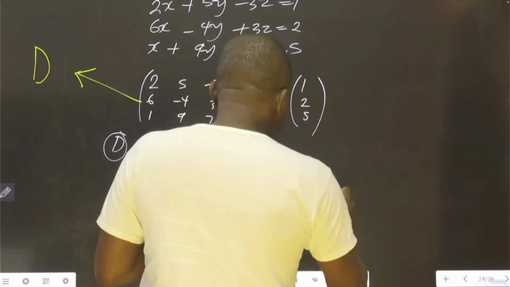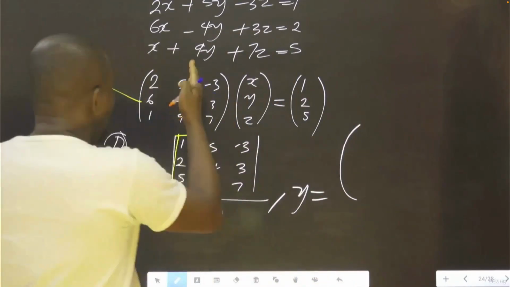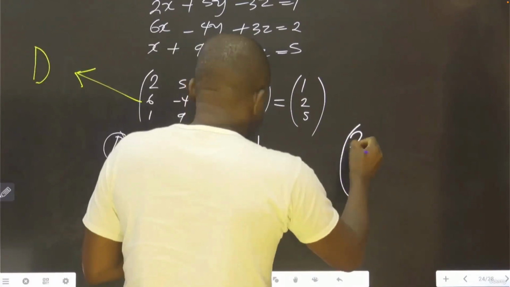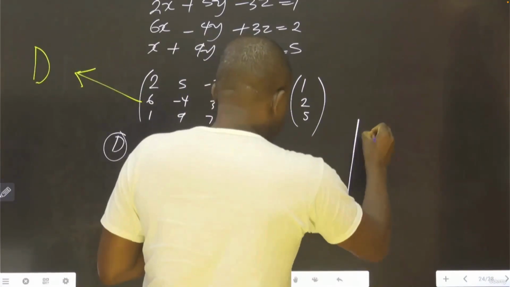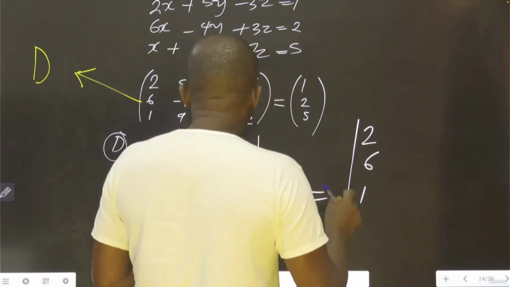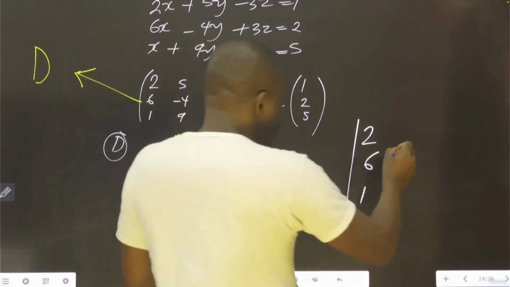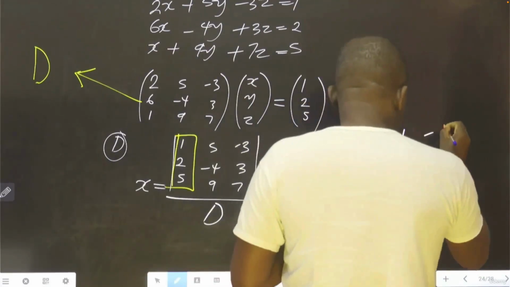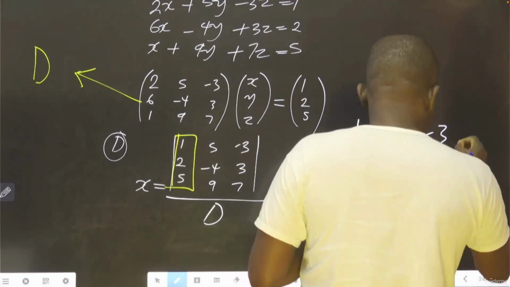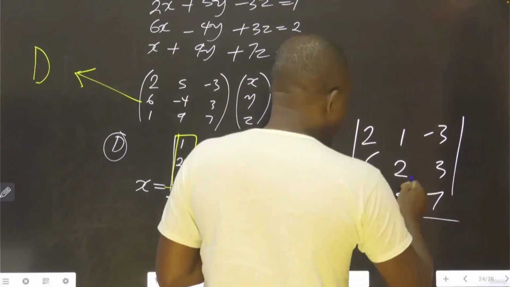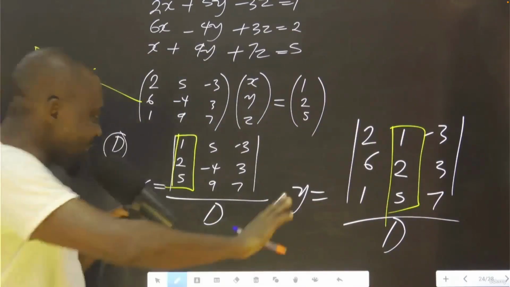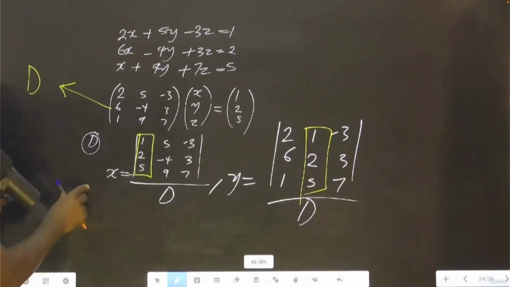For y, he said, because y is at the center, retain these values for x. For y, replace them with this value. Then retain this one for z. Once you do this, find the determinant like this, and you're going to have y.